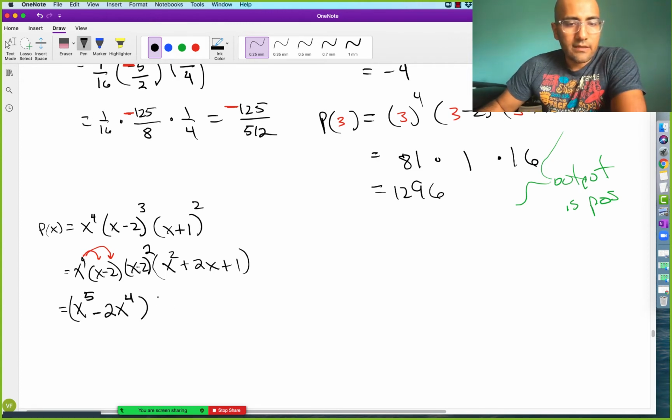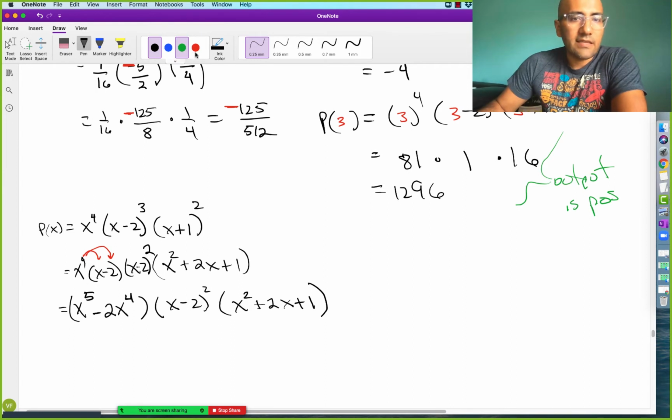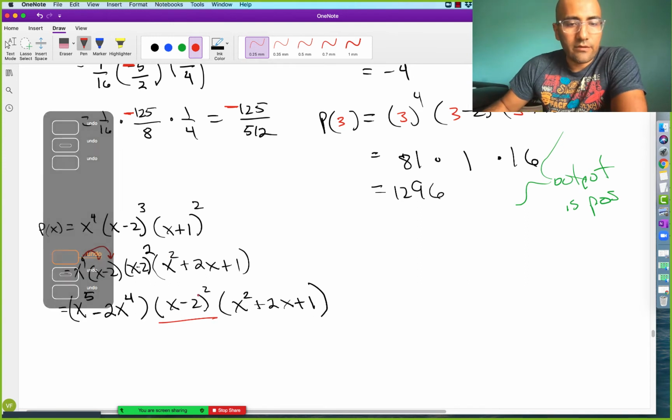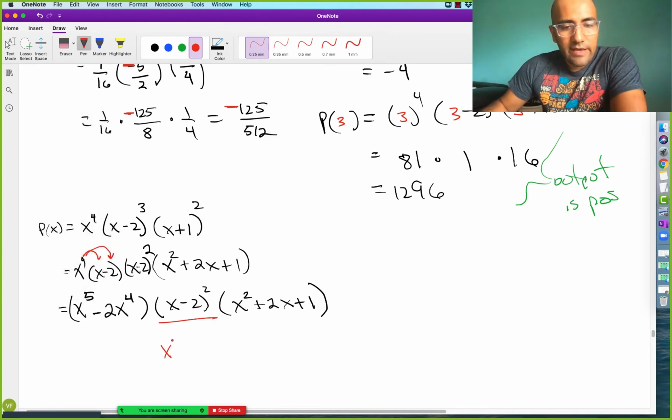And all of that still needs to be multiplied by x minus 2 to the 2nd power times x squared plus 2x plus 1. Okay, and then let me FOIL this guy out. That one's not going to be difficult either. This guy by itself is x squared minus 4x plus 4. Right, that's this thing.